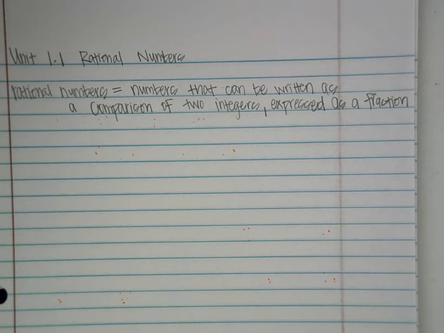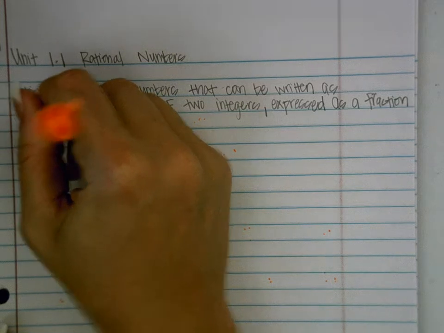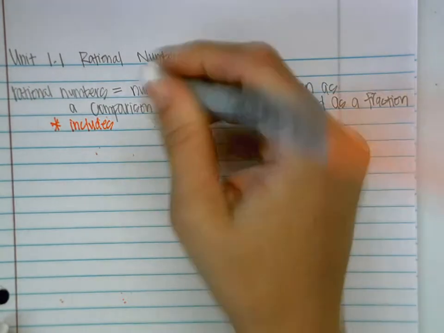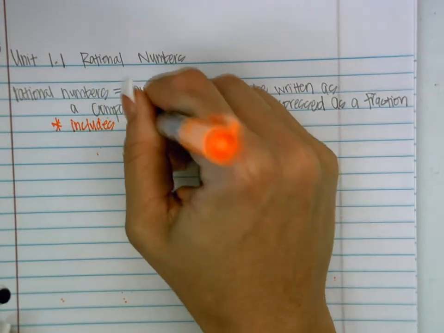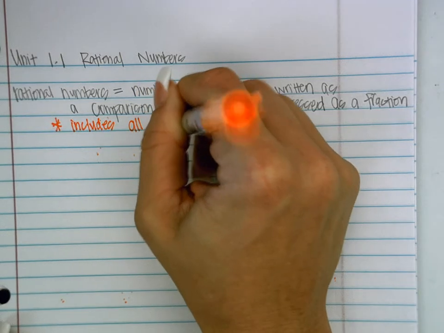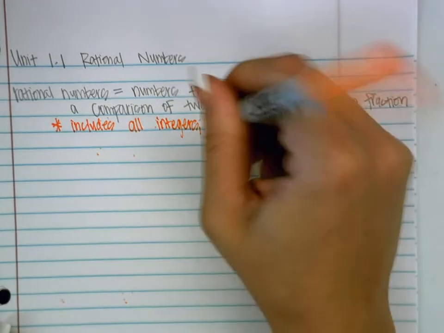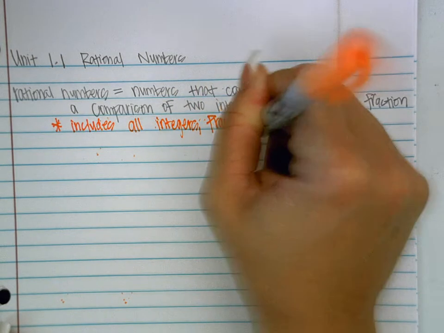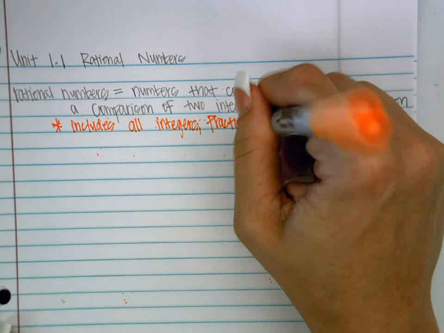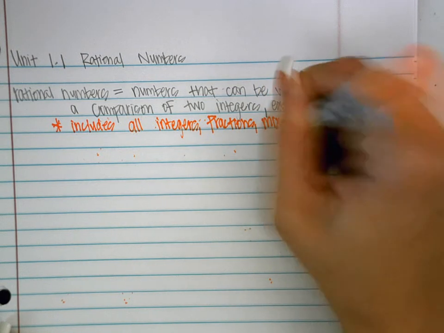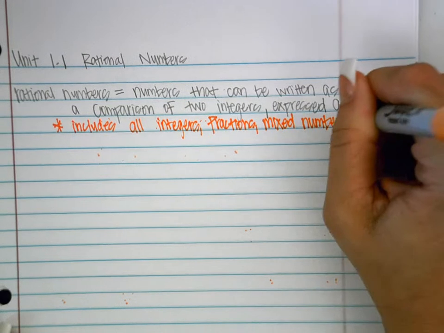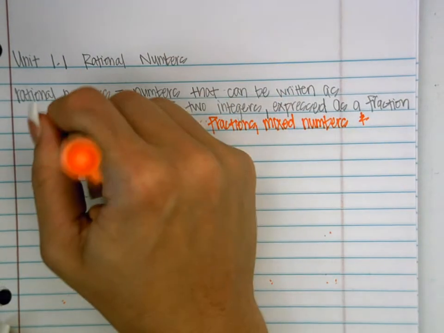So we're going to make this a little bit more clear here. We're going to write it includes, so rational numbers include all integers, fractions, mixed numbers, and percents.